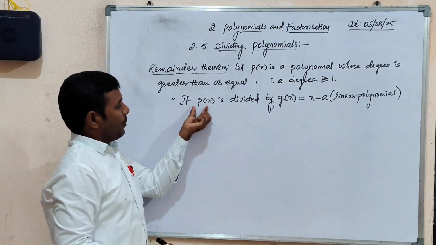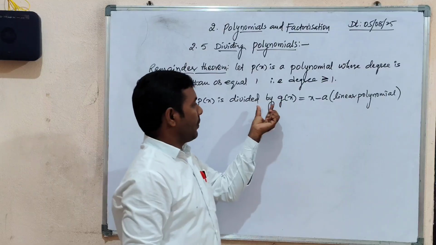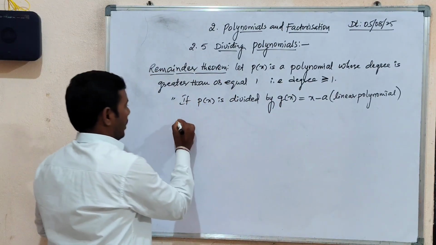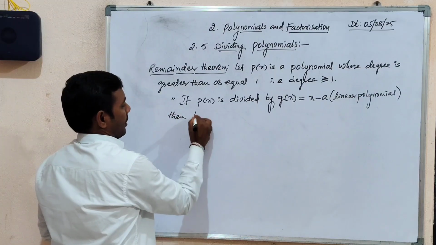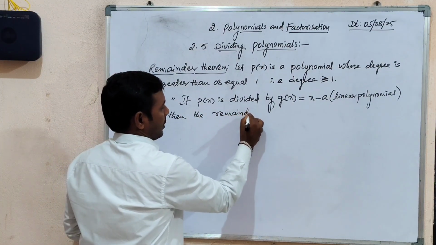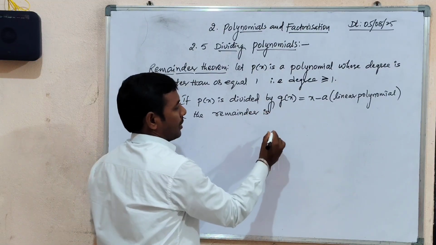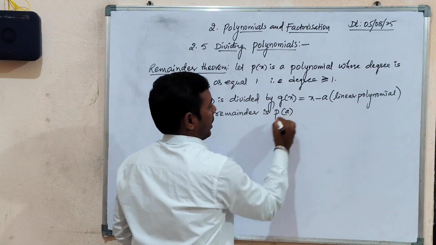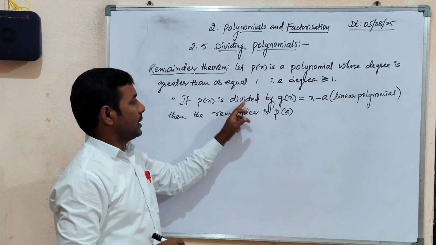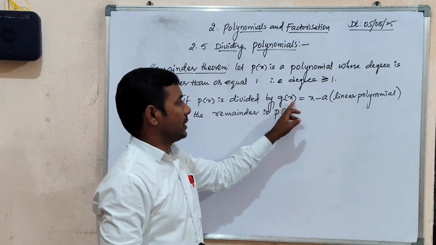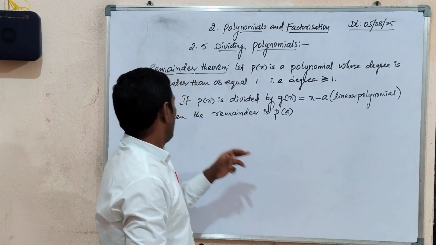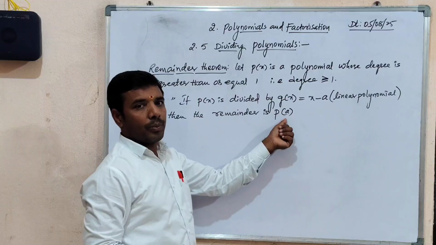Once again, if P of x is divided by g of x, which is equal to x minus a, then the remainder is P of a.